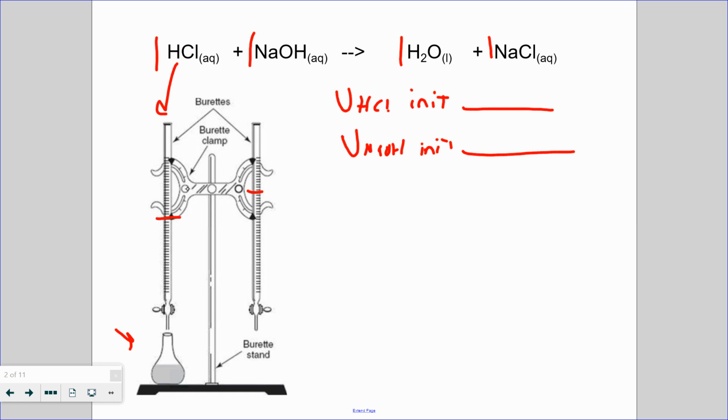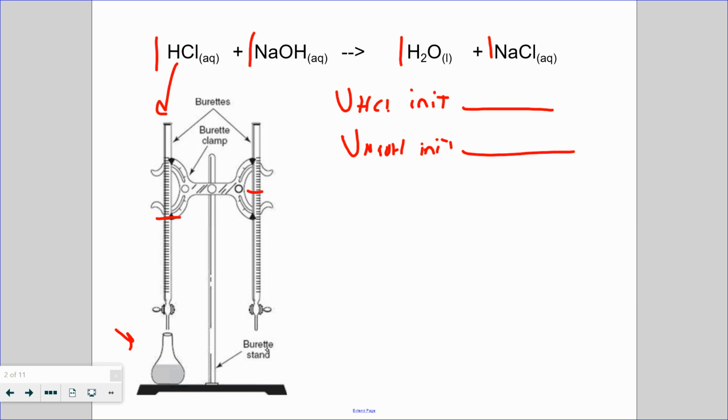Okay, and then I'm going to bring my reaction vessel over underneath the sodium hydroxide, and I'm going to try and add sodium hydroxide to it until I get to exactly the equivalence point. And again, that's the fun part, fun in air quotations here, and I'll explain why in just a second.